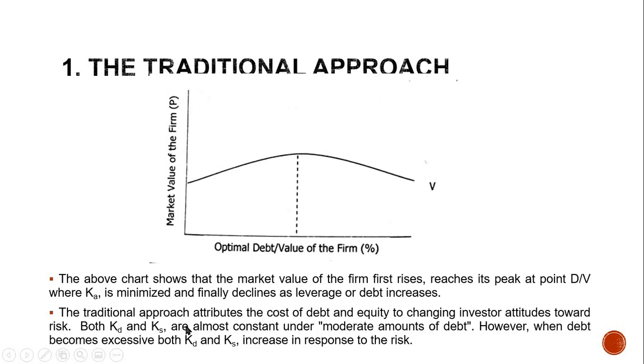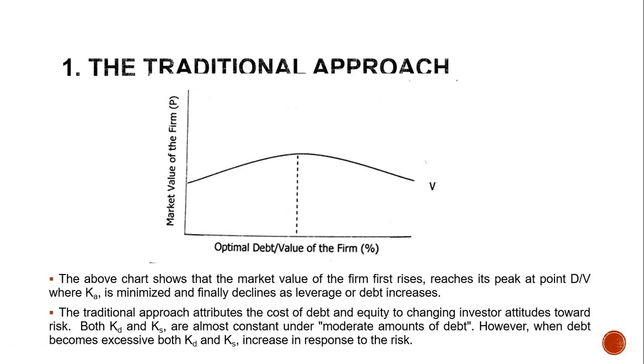Okay? So the traditional approach attributes the cost of debt and equity to changing investor attitude towards risk. Okay, so both cost of debt and cost of equity are almost constant under moderate amounts of debt. Okay? So constant siya at moderate amount of debt.